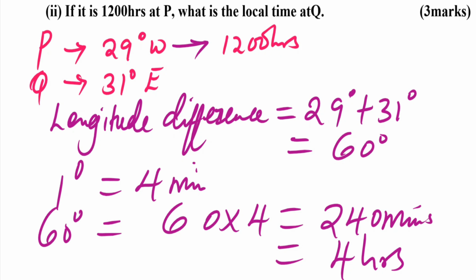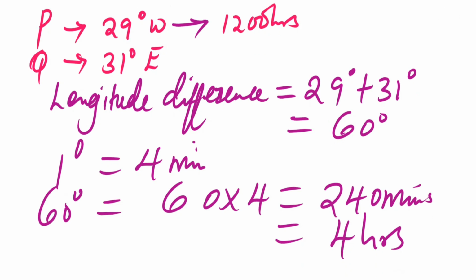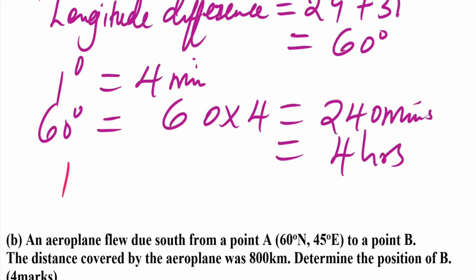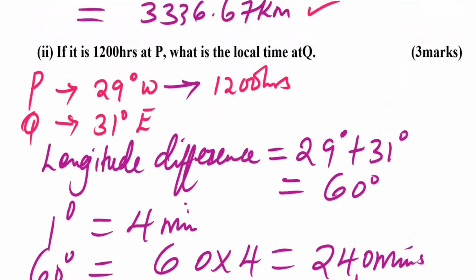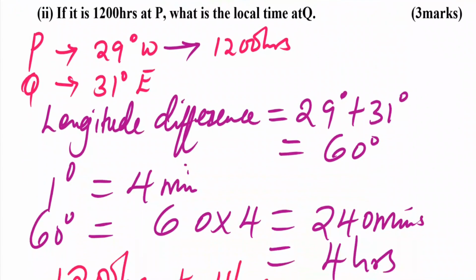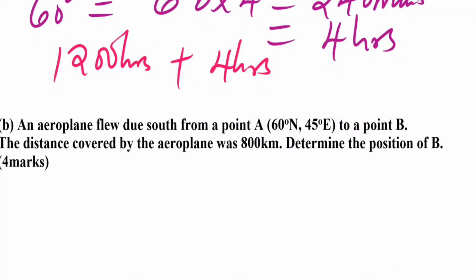So we take 12:00 hours and add 4 hours, since Q is to the east. So the time at Q will therefore be 16:00 hours.